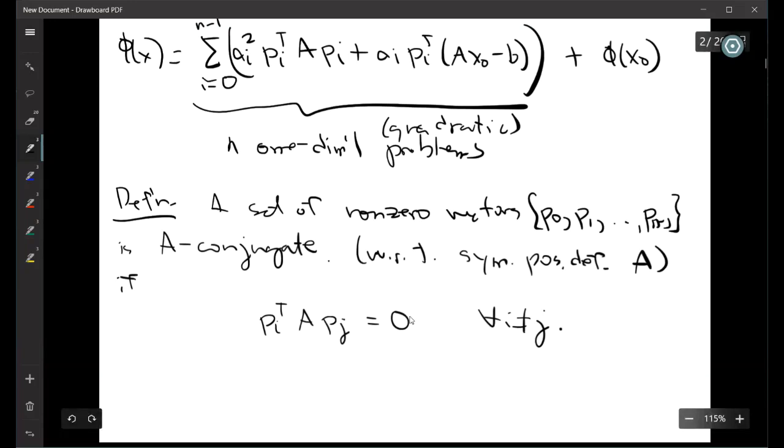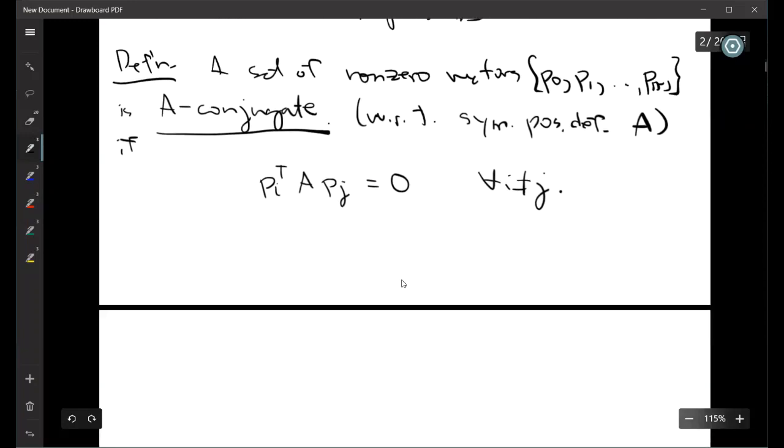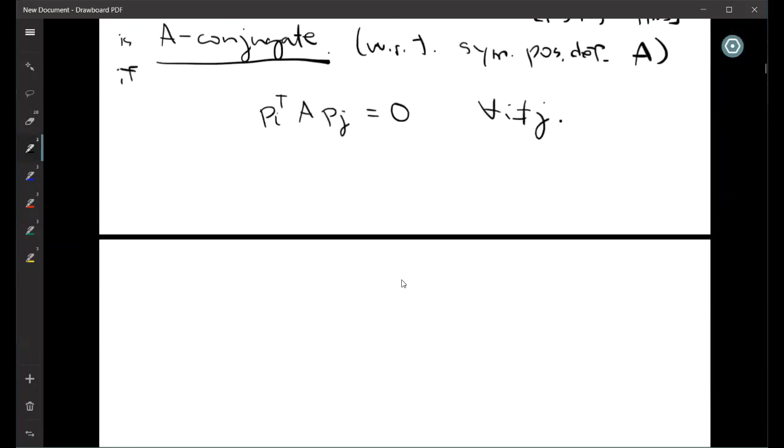So what's the good thing about these A-conjugate vectors is that we have the following lemma.